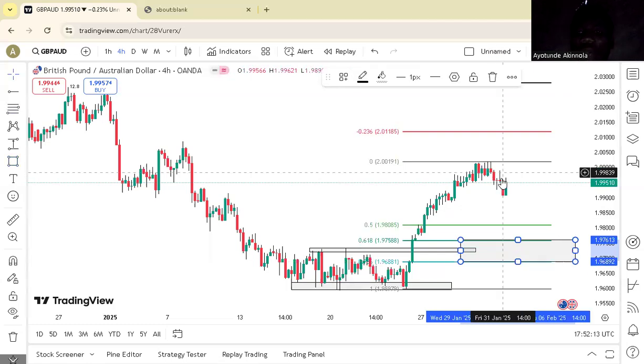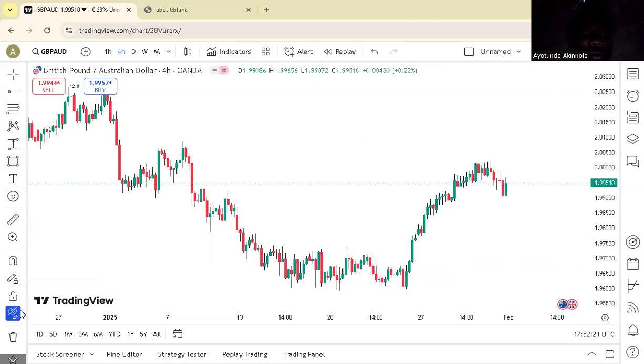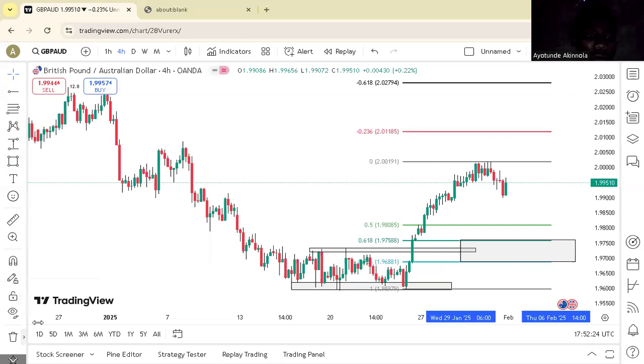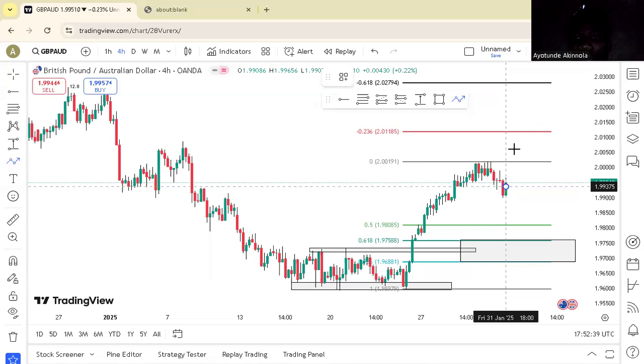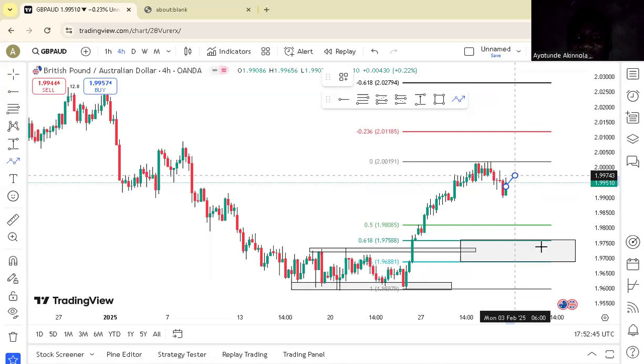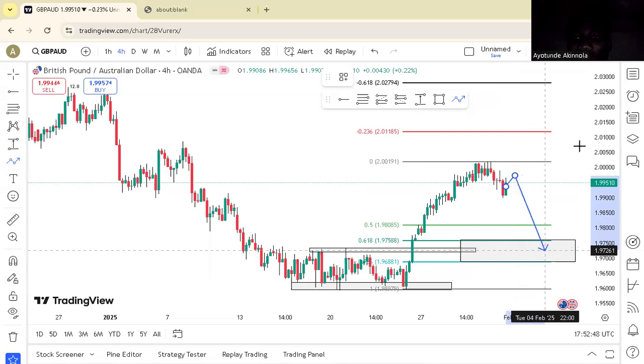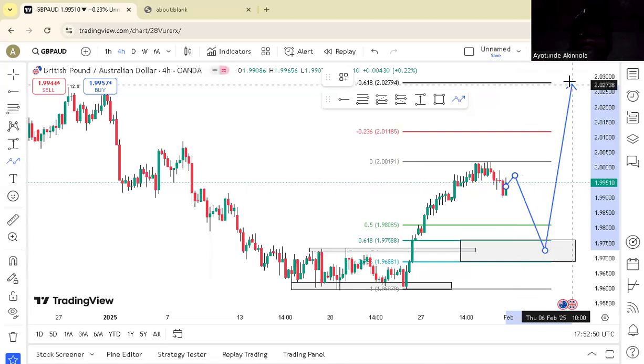So I'm expecting GA to move this way, or I will then buy back to this area.